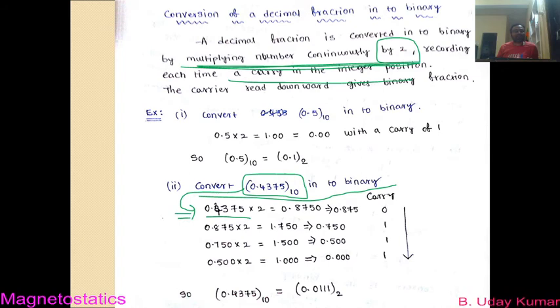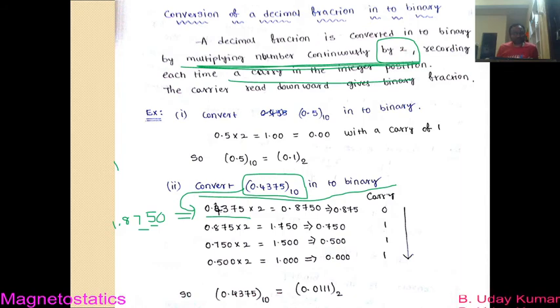So this becomes 1.8750. If you want, you can check it. 2 fives are 10. The next, 2 sevens are 14, plus 1 becomes 15, that means 5. And the next, 2 threes are 6, plus 1, 7.